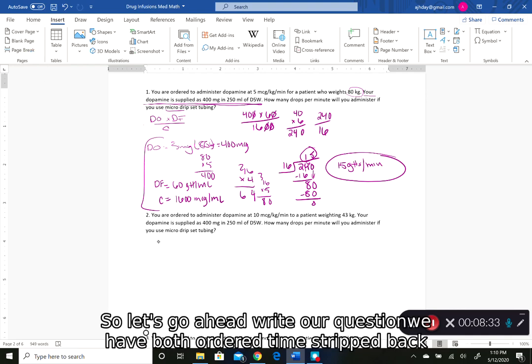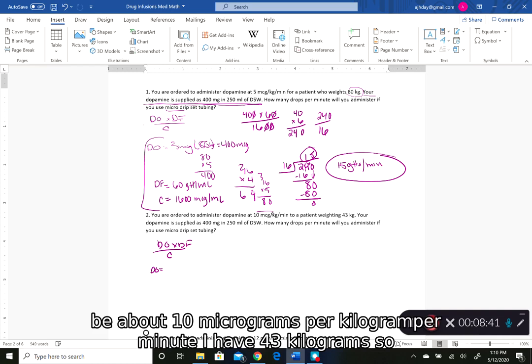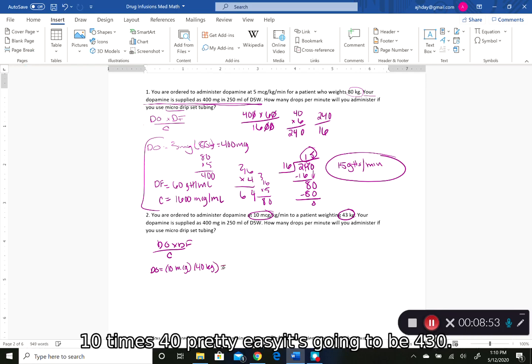So let's go ahead and write out our equation. We have dose ordered times drip factor over concentration. My dose ordered, I want 10 micrograms per kilogram per minute. I have 43 kilograms. So it's going to be 10 micrograms times 40 kilograms. So 10 times 40, it's pretty easy.